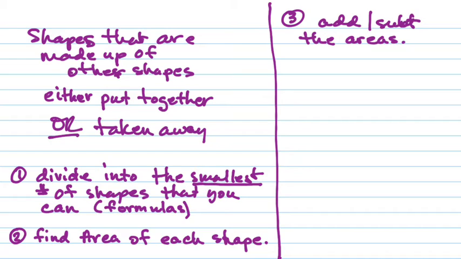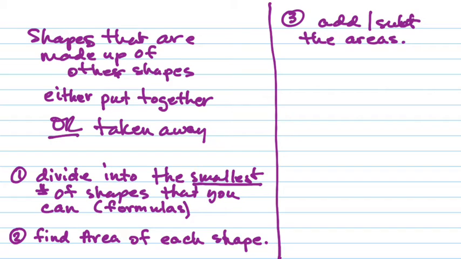Don't always think you're going to be adding these things. Sometimes you might have to find the area of a missing piece in order to be able to find the area of the rest of the shape. So keep that in mind. We may have to complete a shape for that to happen.